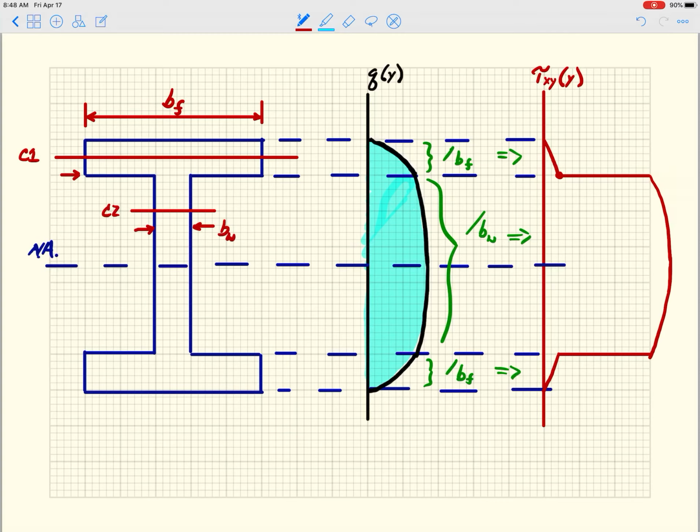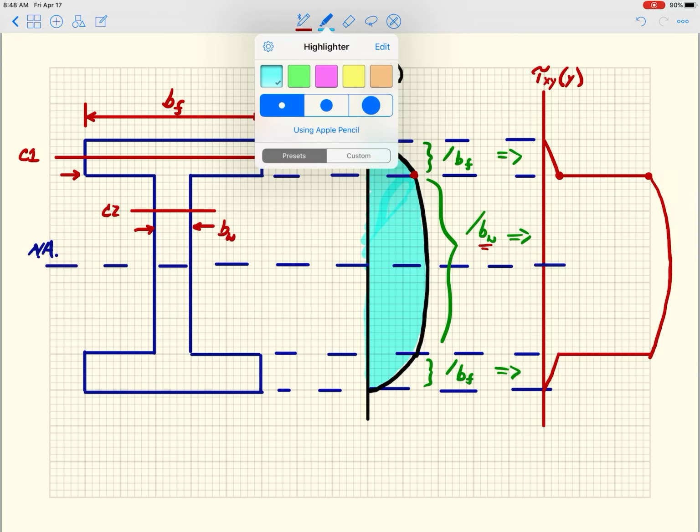So this location right here is just this shear flow divided by B sub F. This point here, the jump, is that same shear flow now divided by B sub W. Since B sub W is much less than B sub F, I get this big amplification. Okay. So then let me just highlight this here.